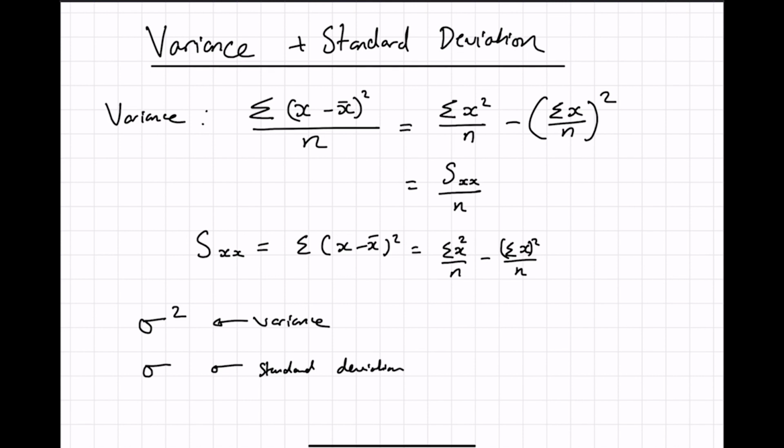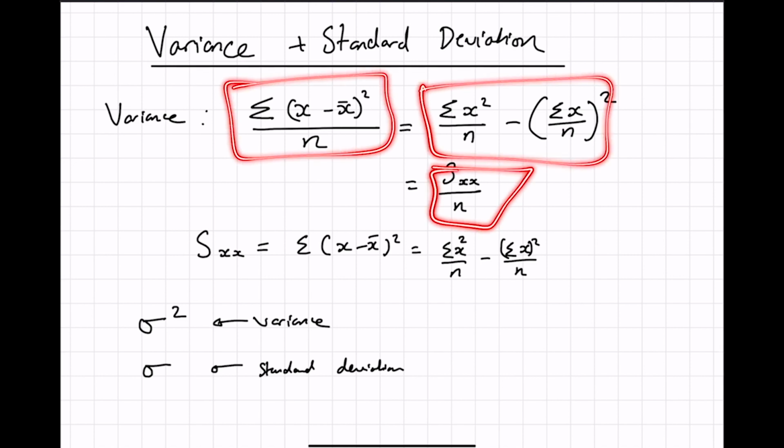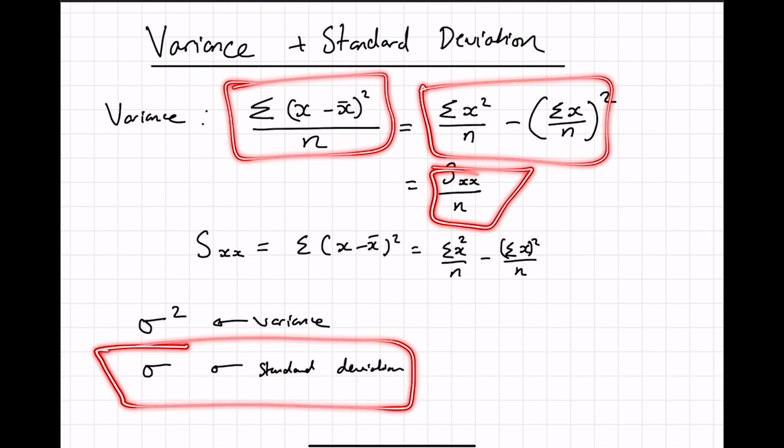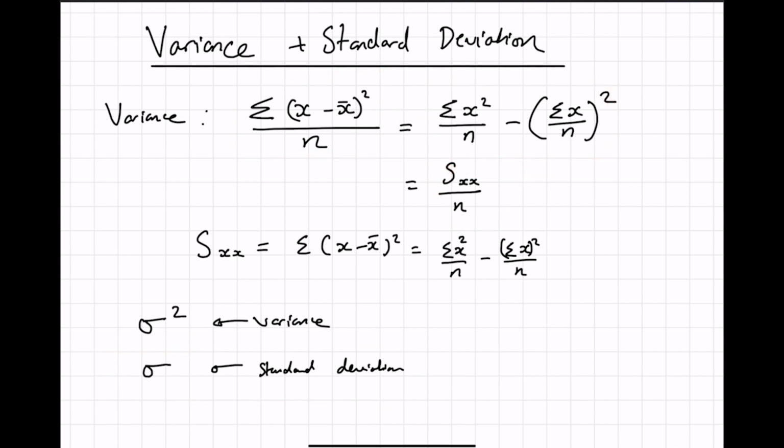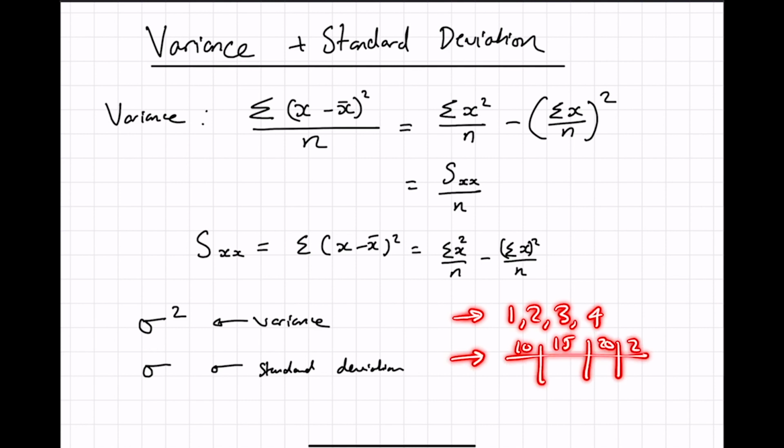To summarize what we've just said, these are your 3 equations, and then this is your standard deviation, which is the square root. I think the best way to go forwards from here would be just to give you an example, the same way we did before: how you do it with a list of numbers, how you do it in a frequency table, and how you might do it in a grouped frequency table.